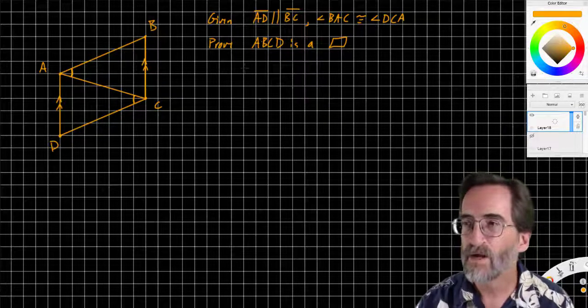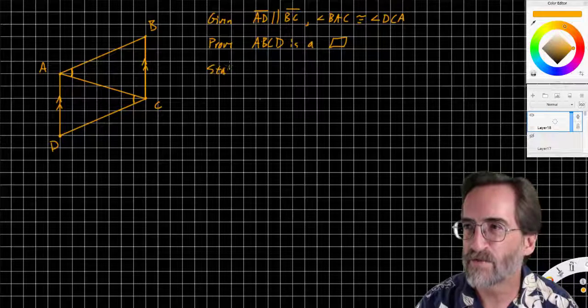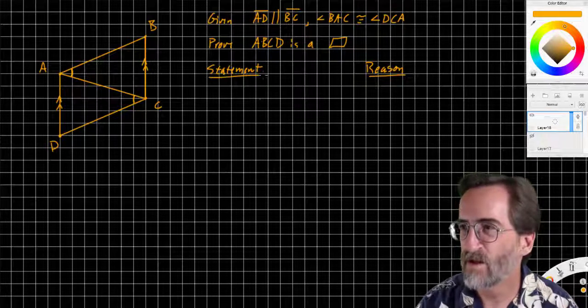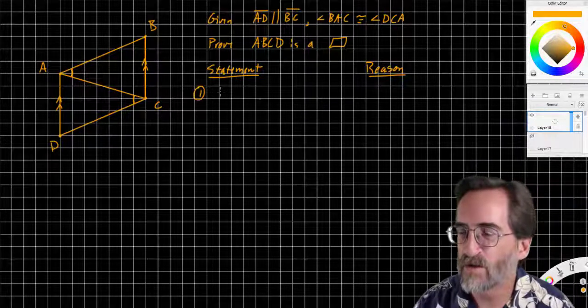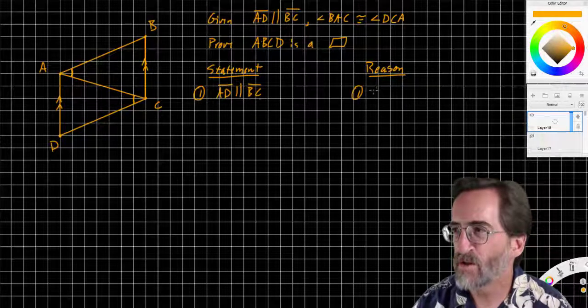Okay. All right, so now we're going to have our statements on the left and our reasons on the right. Okay, and we start with what we're given. So statement number 1 could say AD is parallel to BC. Okay, and the reason we know that they're parallel is that was given.